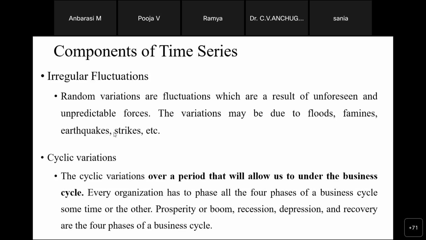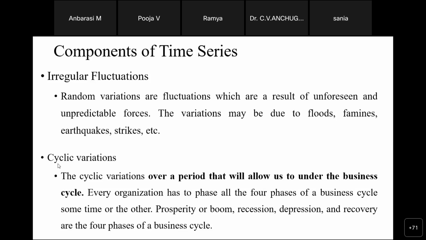These we can call irregular fluctuation, or you can say random error also. Random error means there may be noise present in the data, which will also affect the accuracy of the forecast. So that should also be taken into consideration when you go for the forecasting model.